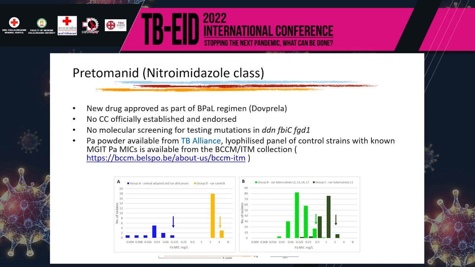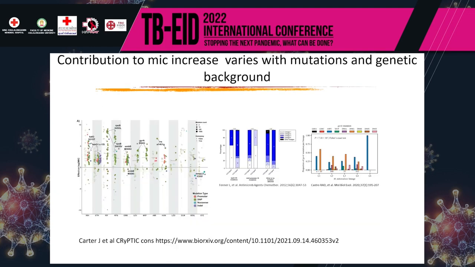And among the other lineages, we can see a clearly bimodal distribution, having the strains belonging to lineage 1 a much higher MIC. So in this case, knowing the lineage will be important to interpret the MIC and the critical concentration to be used for testing.